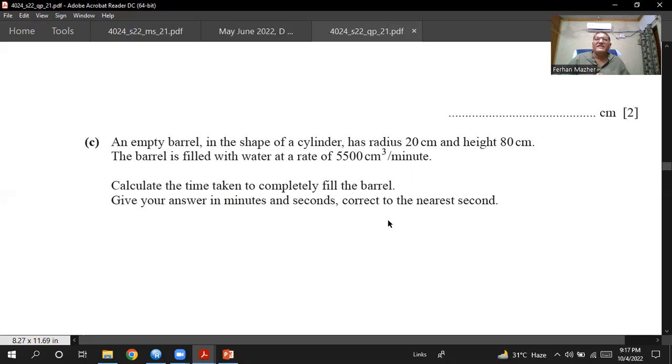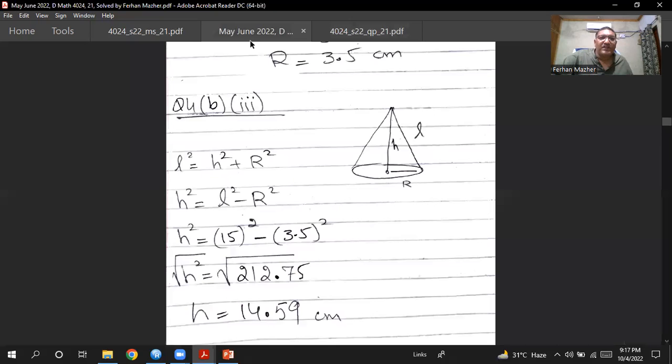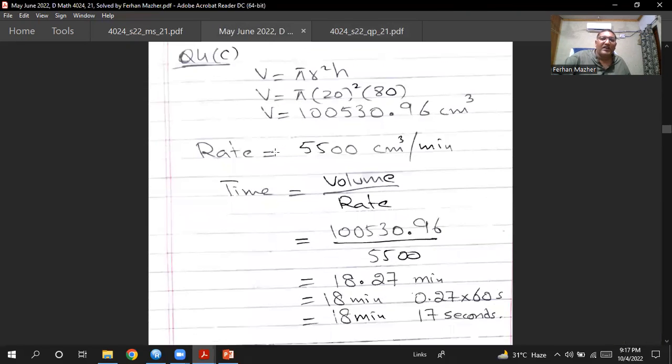Find the volume. Then you know the formula, the rate is equal to volume divided by time. If you want to find out how much time it will take to completely fill that cylinder, time is equal to volume divided by rate. So you will very easily be able to find that.